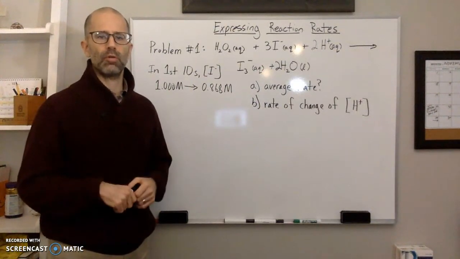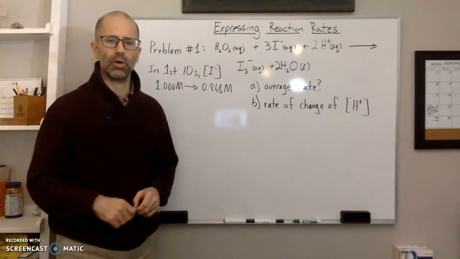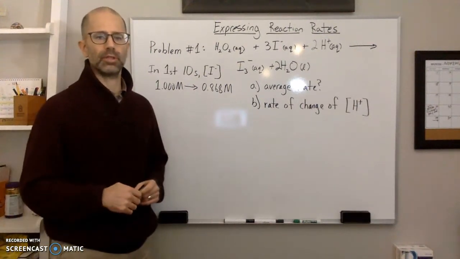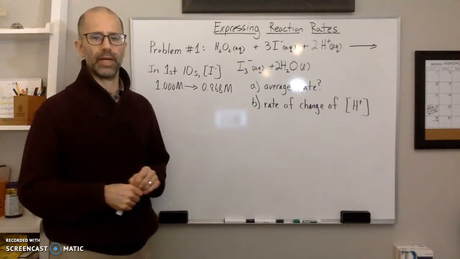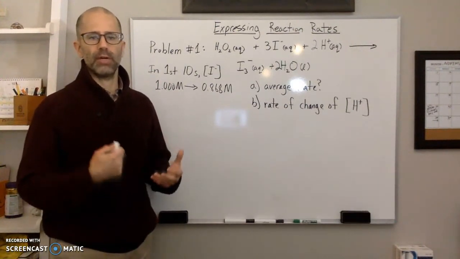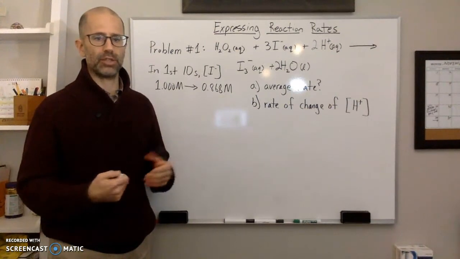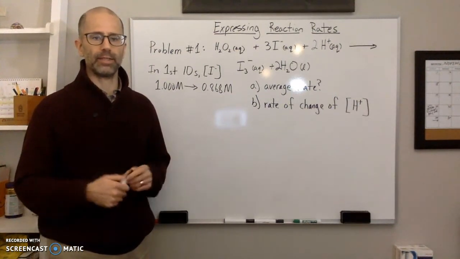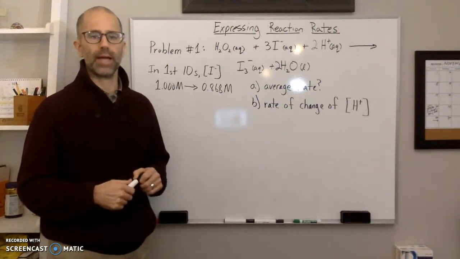My name is Mr. Cobalt, and in this video I'm going to be going over a couple of examples of how to calculate reaction rates, or problems related to figuring out rates of change of different products or reactants, or the rate of a reaction.